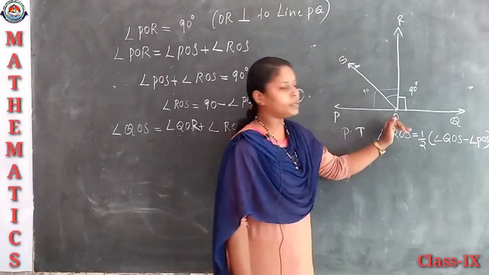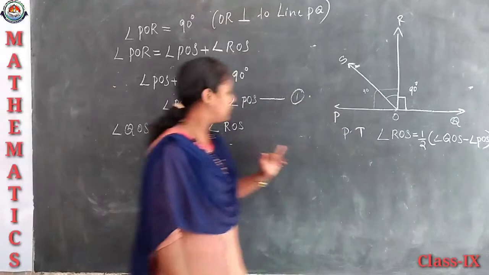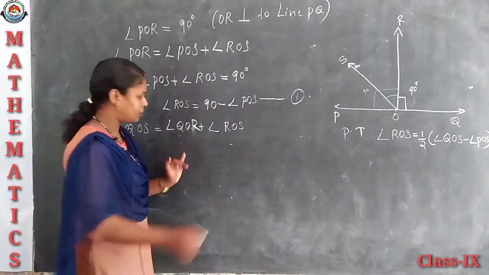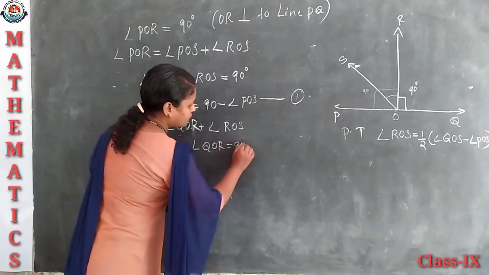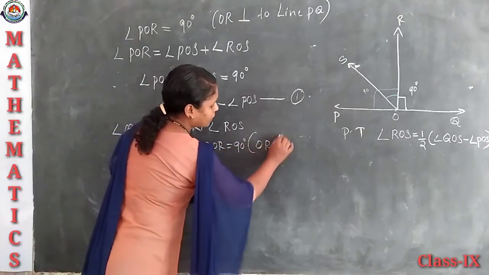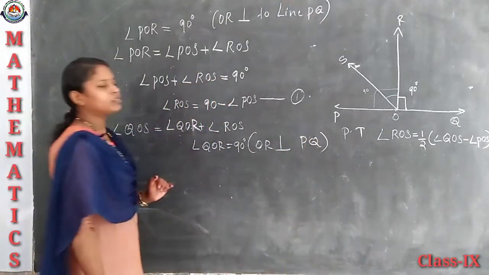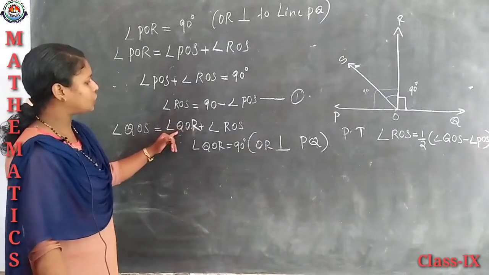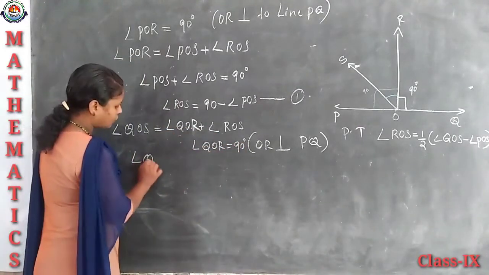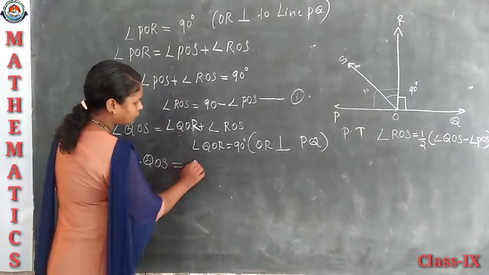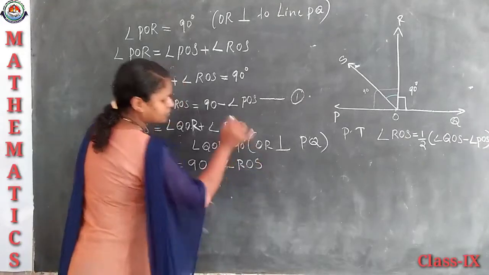OR is a perpendicular line, therefore angle QOR equal to 90 degree, because OR is perpendicular to line PQ. So instead of QOR we can write 90 degree, that is angle QOS equal to 90 plus angle ROS.